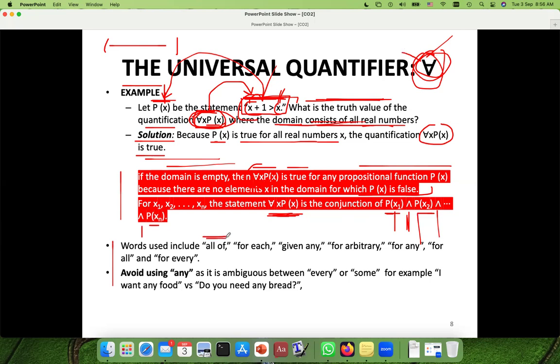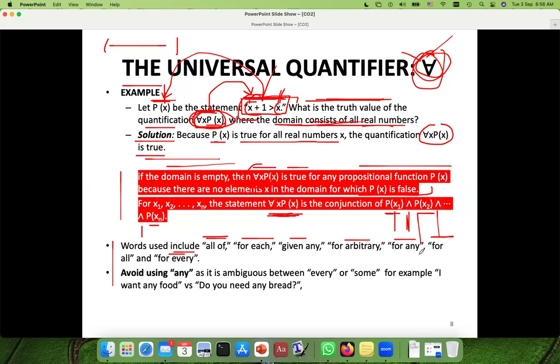The words are: all of, for each, given any, for arbitrary, for any, for all, for every. Most commonly used are for all and for every. If these words give the concept of totality, meaning whole, all, then you can convert them into universal.